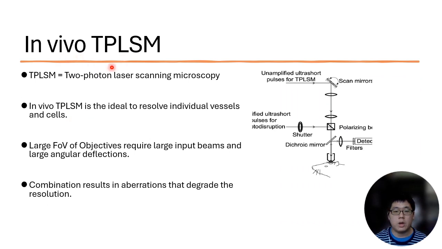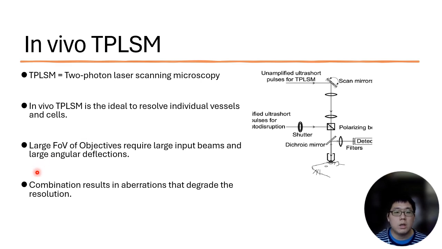On this page, I will introduce what TPLSM is. TPLSM means two-photon laser scanning microscopy. In vivo, two-photon laser scanning microscopy is the ideal platform for optical sectioning through scanning tissue to resolve individual vessels and cells.